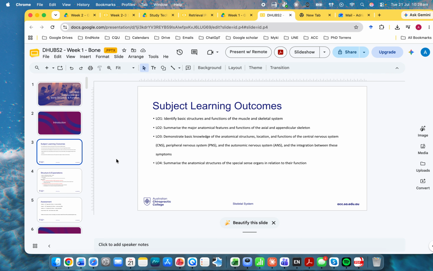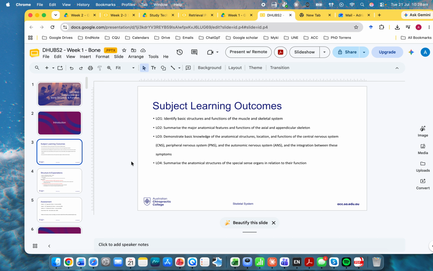I'm not going to read through them all. But this is for the whole subject, right? So there were four learning outcomes for the whole subject. And so you're not going to find all of these located in the very first lecture, very understandably. But what you're likely to do is see the first one being addressed in the first lecture.